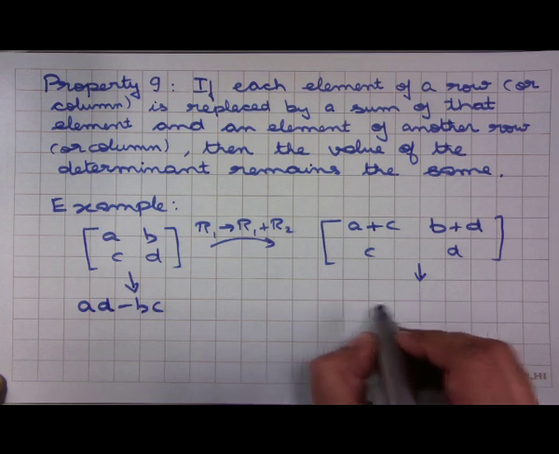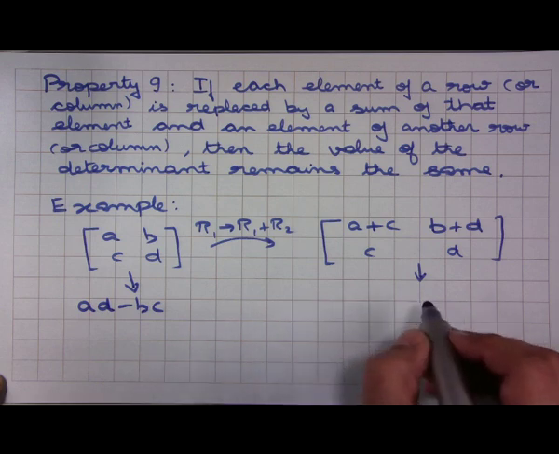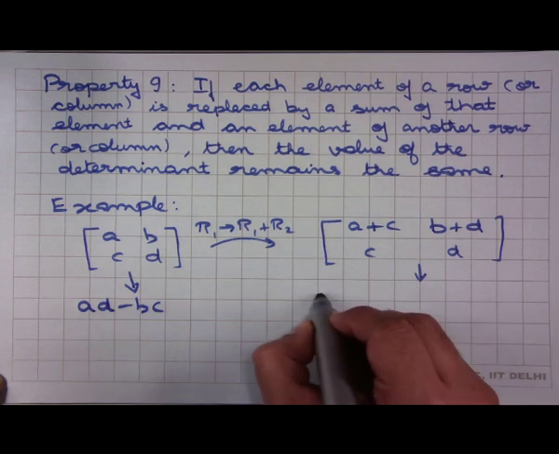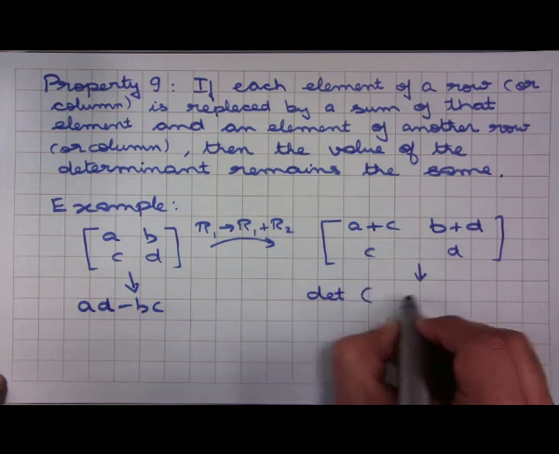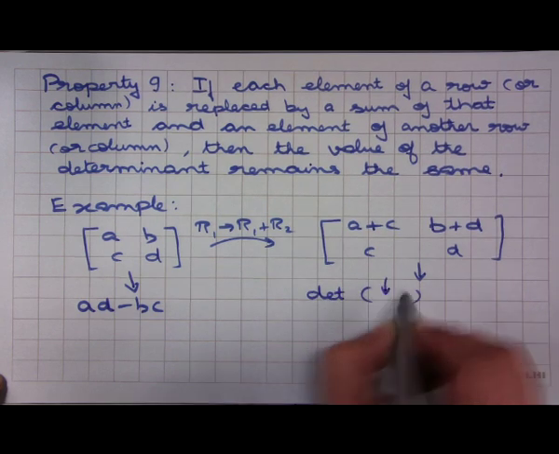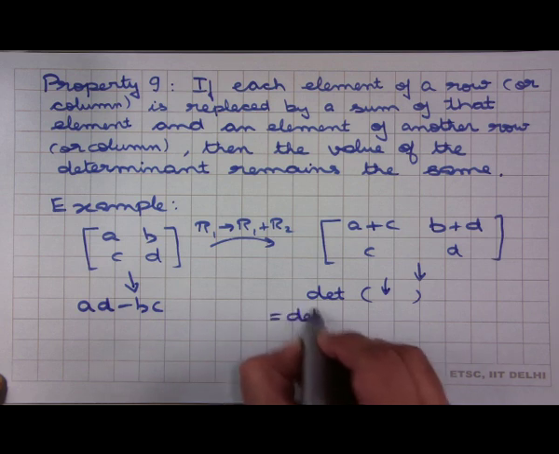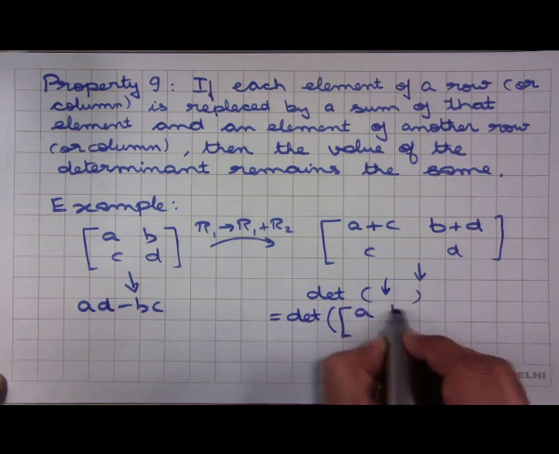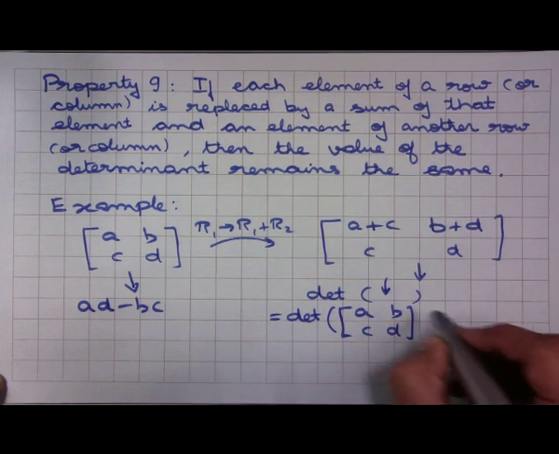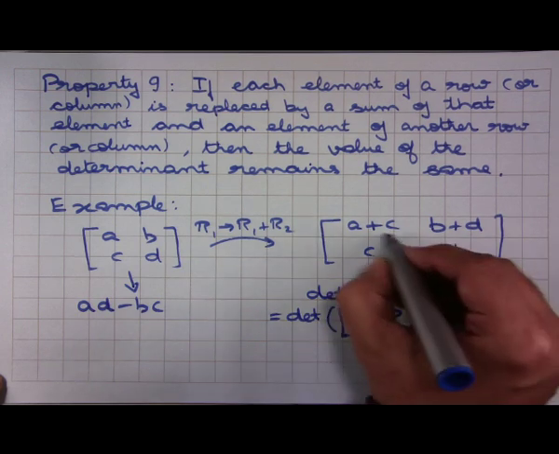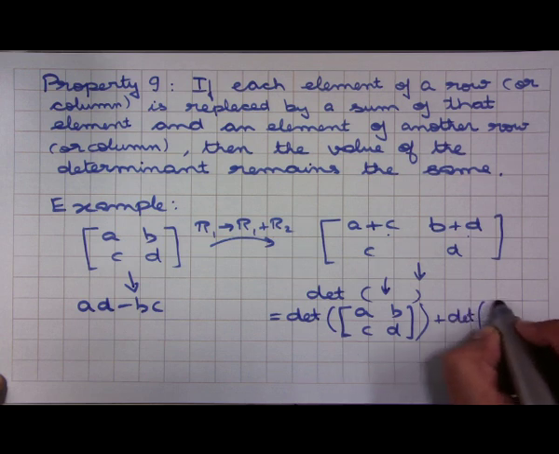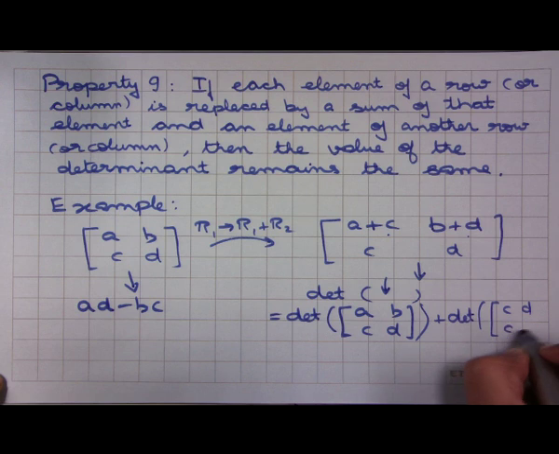Determinant over here is, how do we find the determinant of that? Well, just like we saw in the previous property, the determinant of this matrix can be replaced as the determinant of the matrix A, B, C, D, right, because these are two sums. So, we have plus the determinant of C, D, C, D, right.